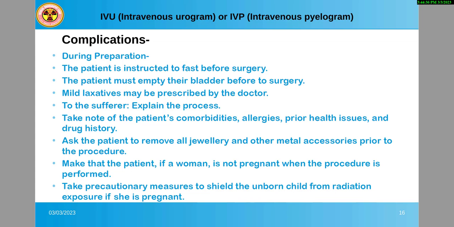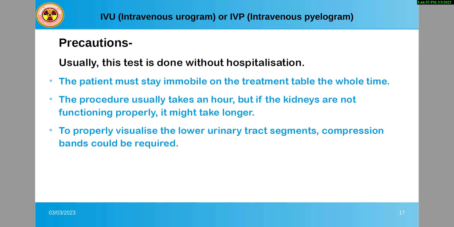Ask the patient to remove all jewelry and other metal accessories prior to the procedure. Make sure that the patient, if a woman, is not pregnant when the procedure is performed. Take precautionary measures to shield the unborn child from radiation exposure if she is pregnant.